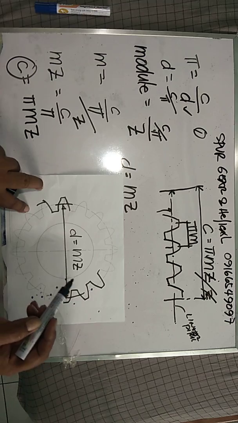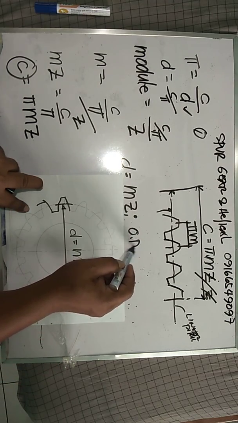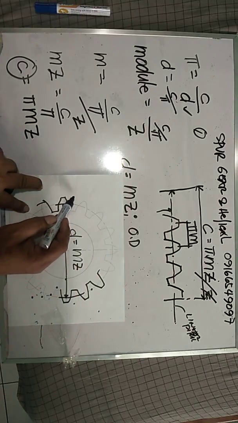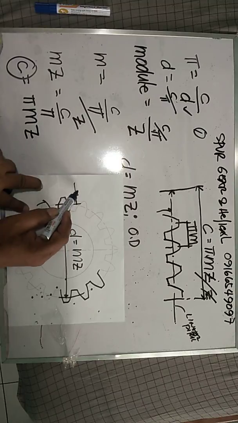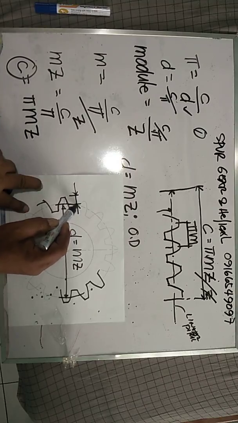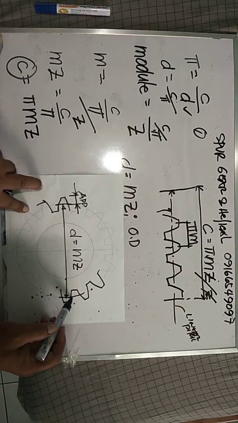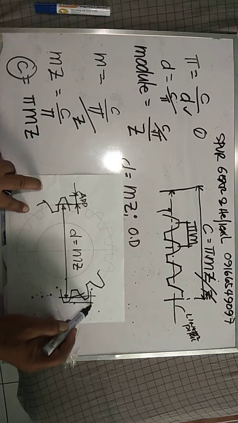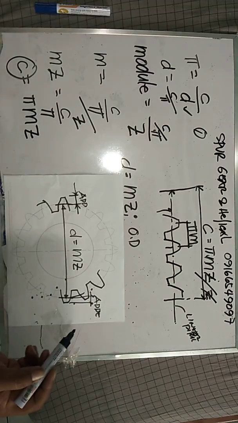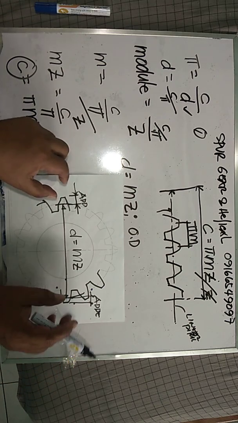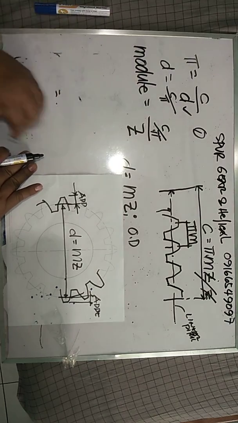So how about its outside diameter? We have this one, which we call the addendum, and this one also addendum. We have to erase this one.